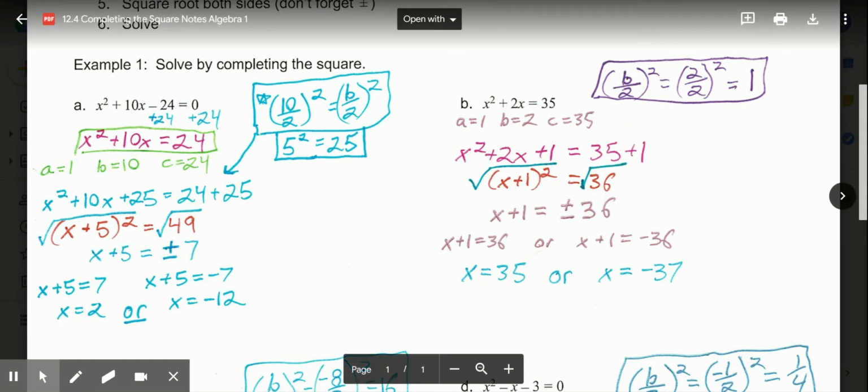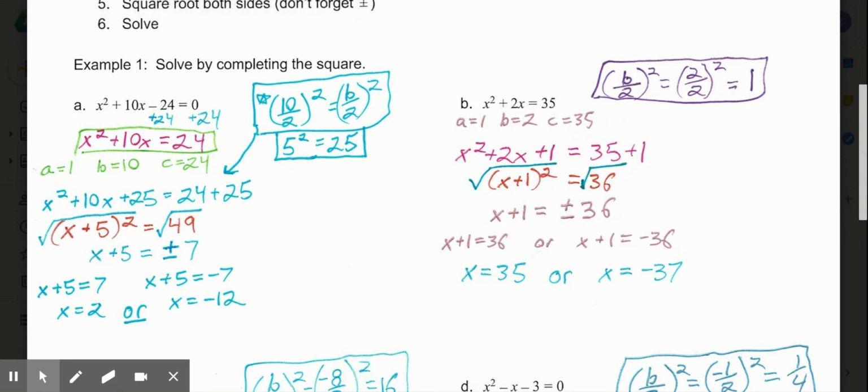So my equation becomes x squared plus 2x plus 1 equals 36. Now, writing the left as a perfect square, it becomes x plus 1 squared. So x plus 1 squared equals 36.